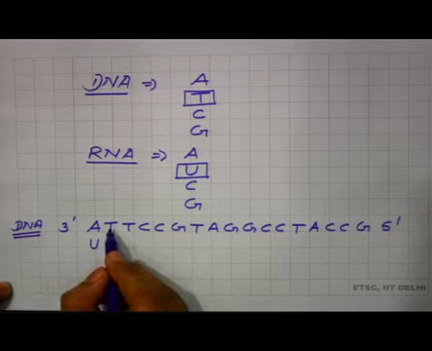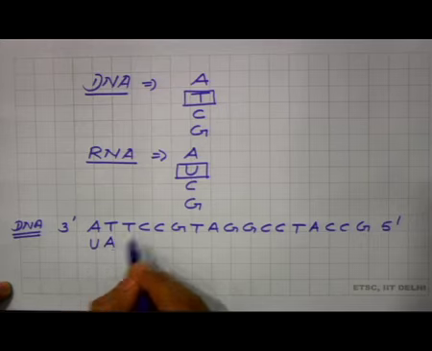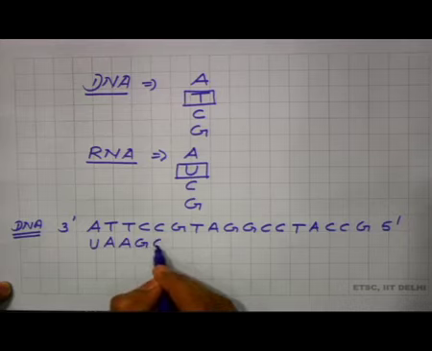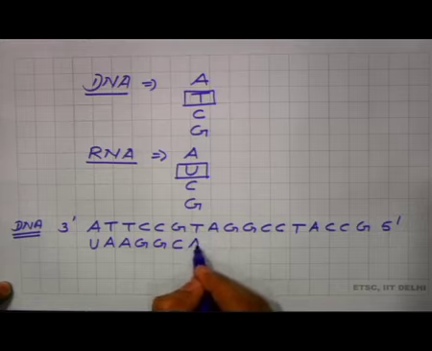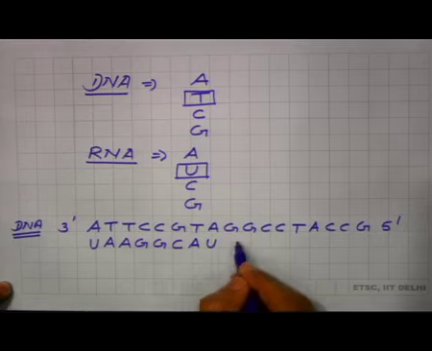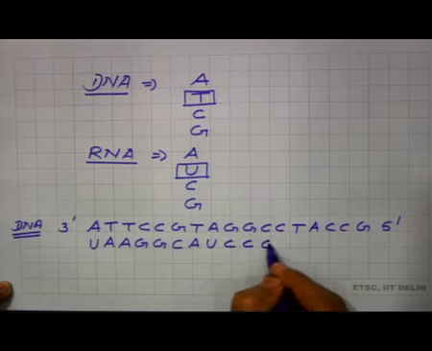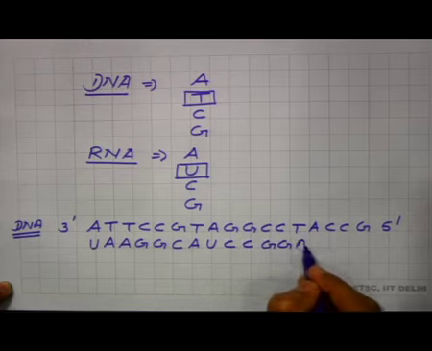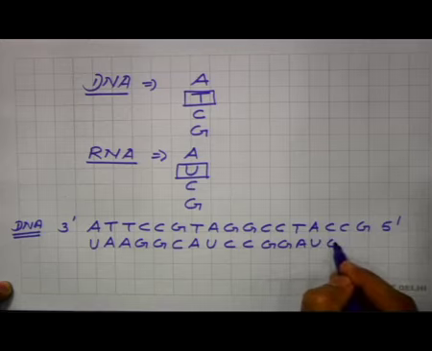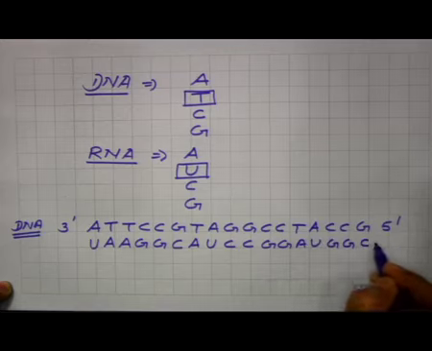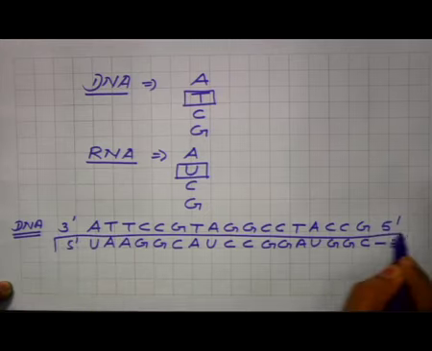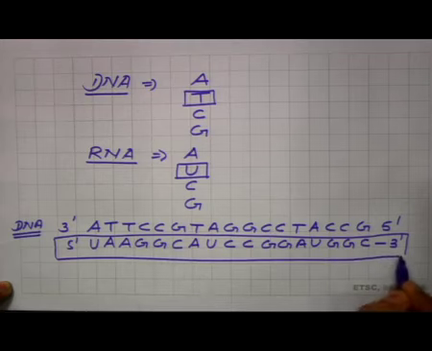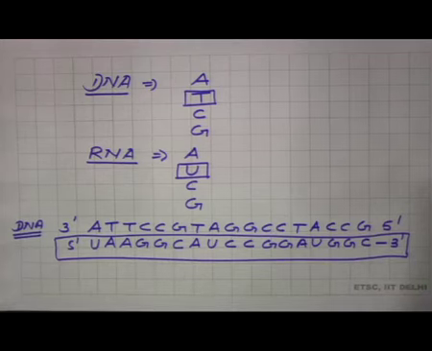The complementary of T is A, again A, the complementary of cytosine is guanine, the complementary of guanine is cytosine, the complementary of T is A, and accordingly you can write your sequence. So this will be your RNA transcript for the given DNA sequence.